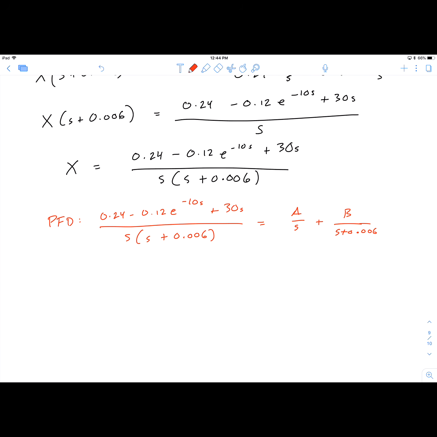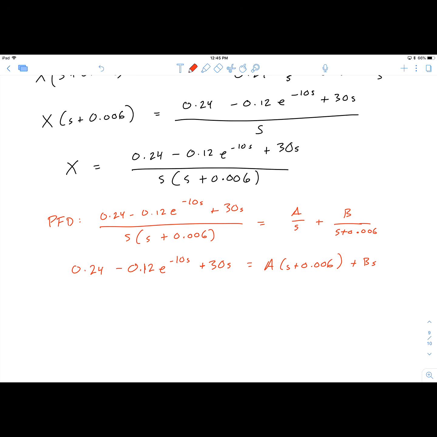So again, multiplying everything out, we would have 0.24 minus 0.12 e to the negative 10s plus 30s equals A times (s plus 0.006) plus Bs.